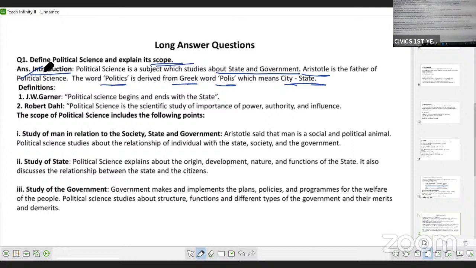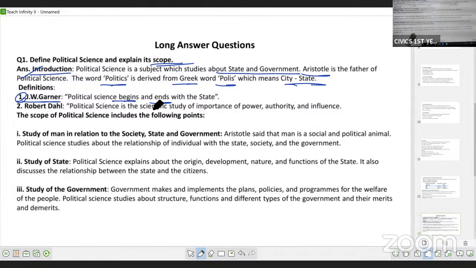Then coming to definition. If you can write 2 definitions, it is well and good. Otherwise, write at least 1 definition. The definition given by J.W. Garner is very easy. What does it say? Political science begins and ends with the state. And if you can learn the next definition, well and good.